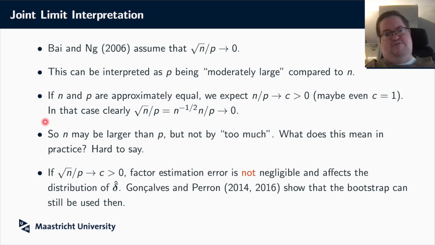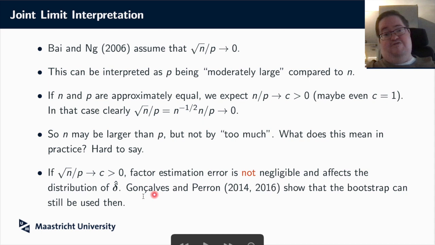And well, this is a bit of a tricky thing, of course, because again, how do you translate such an asymptotic result to a finite sample setting? How can you say, well, this n and p are actually good enough to do my factor analysis? So what we can also show is that if square root n divided by p converges to a constant c not equal to 0, factor estimation is not negligible.